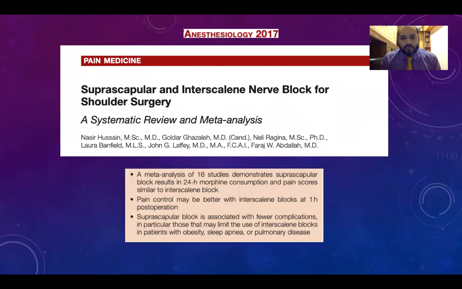Hussein et al. In 2017, they published a meta-analysis, suprascapular and interscalene block for shoulder surgery, and they concluded that suprascapular block is associated with fewer complications, in particularly those patients where there is obesity, sleep apnea, and pulmonary disease.